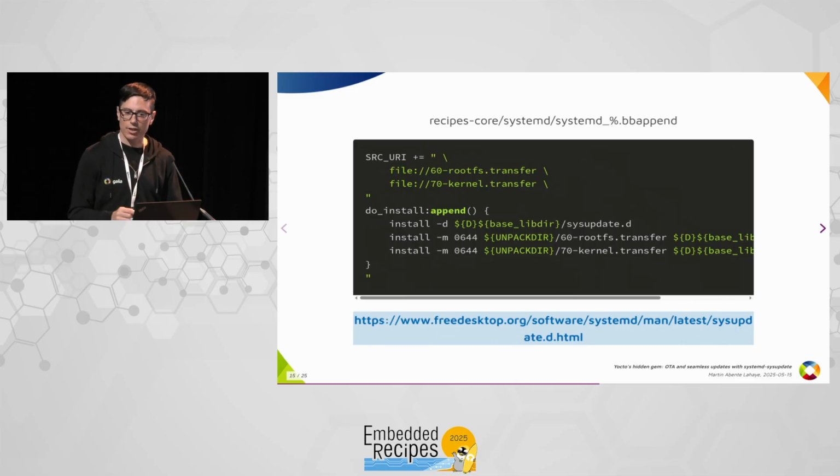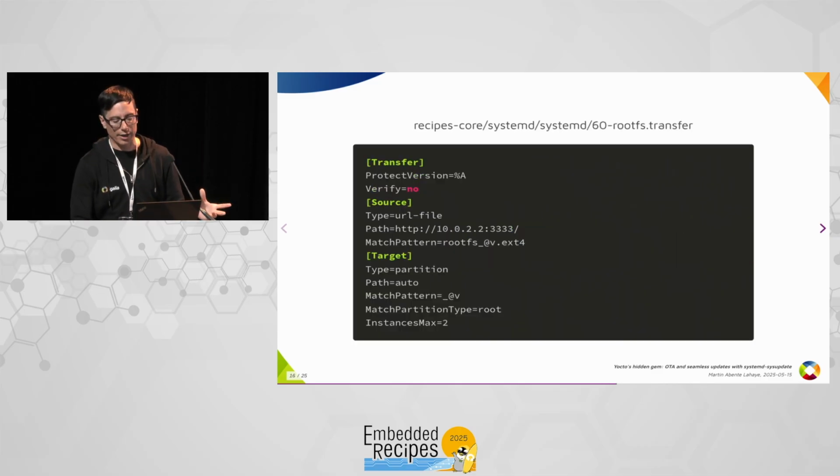So for every resource you have to provide a transfer file to tell sysupdate exactly where the updates are coming from and where that update is going to. One of these per resource that you want to update. So in this case, we need one for the rootfs and we need one for the UKI. So let's see what these transfer files look like.